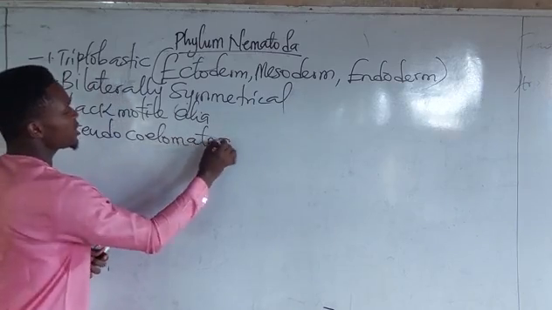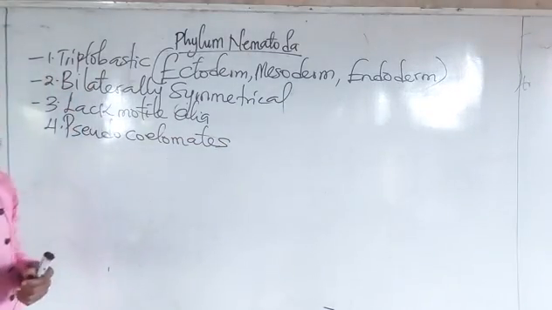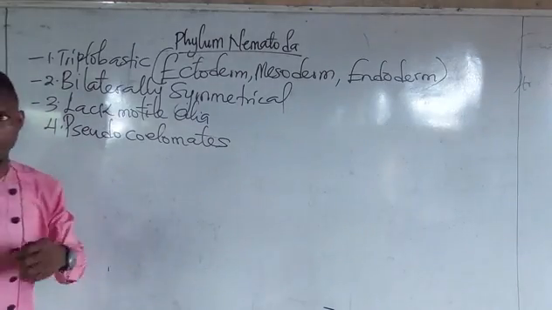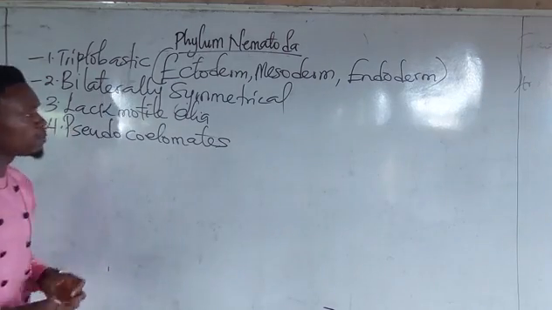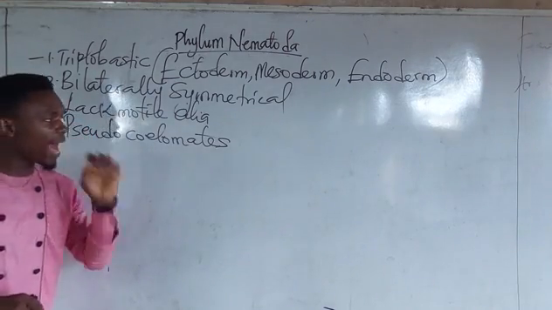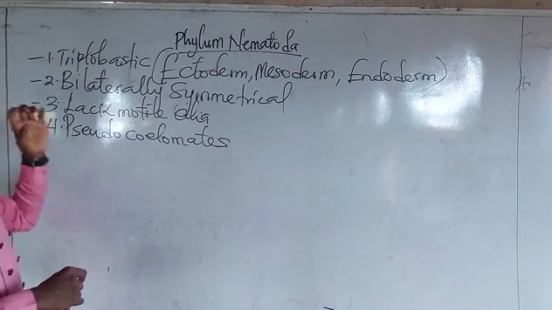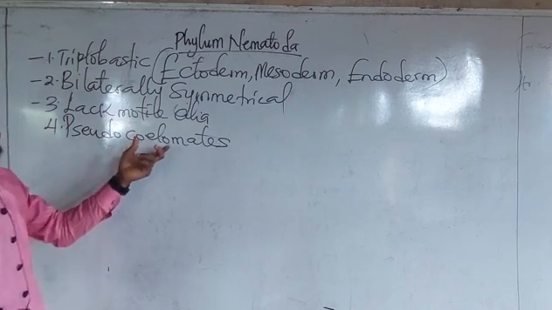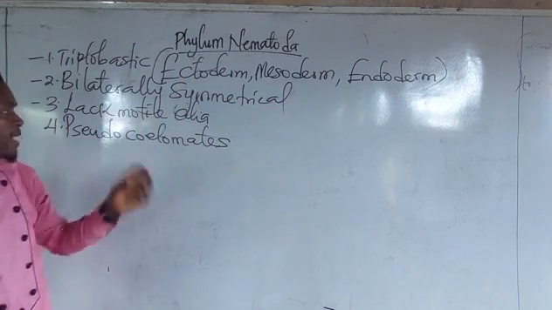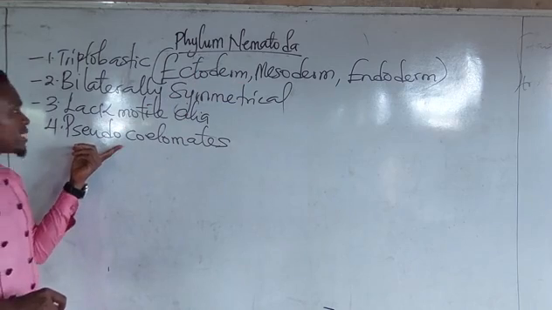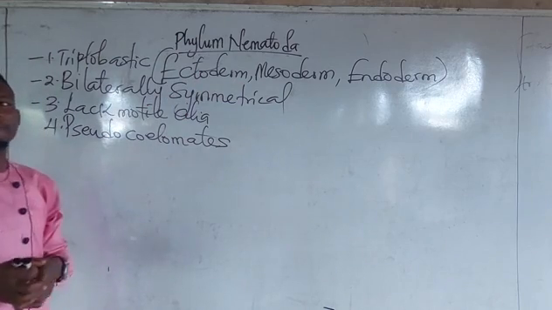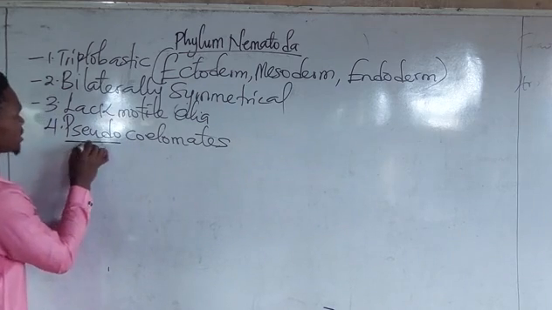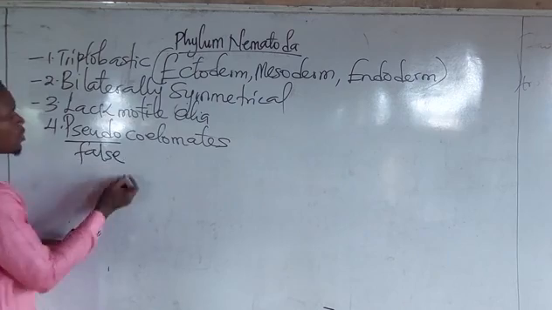Then number four, they are pseudocoelomates. Very, very important. Which of these phyla has organisms that are pseudocoelomates? Please, it is Phylum Nematoda. The Phylum Nematoda has organisms that have a false body cavity. Now, the word pseudo means false.